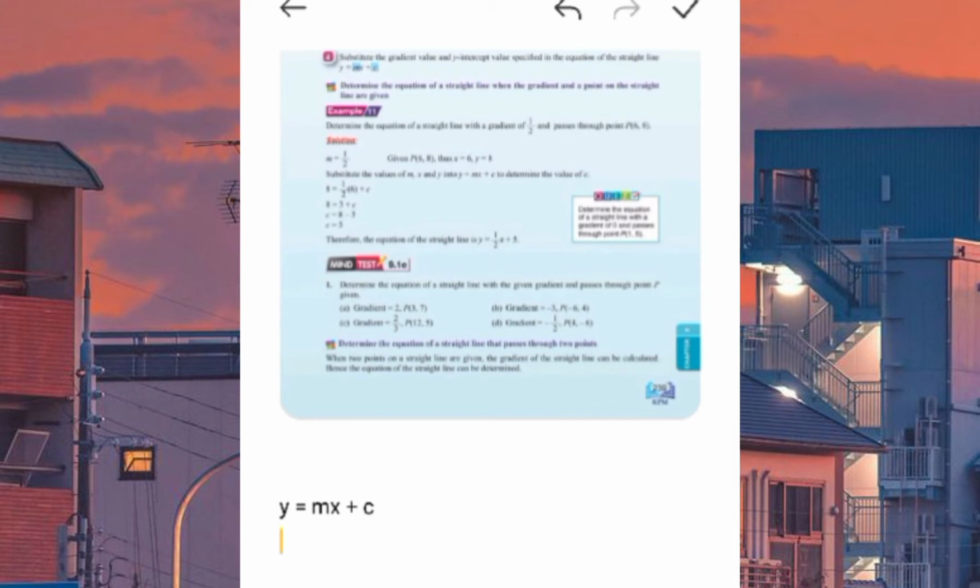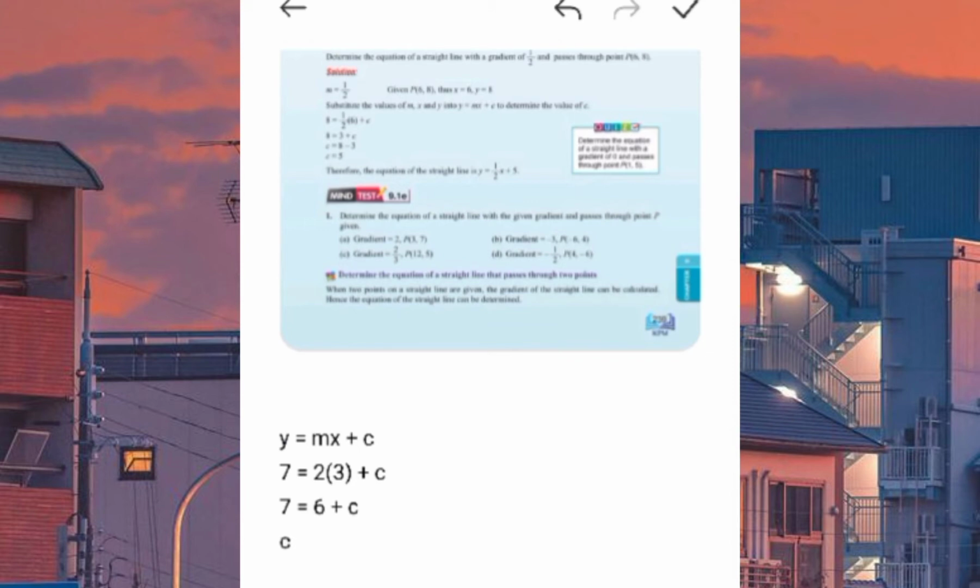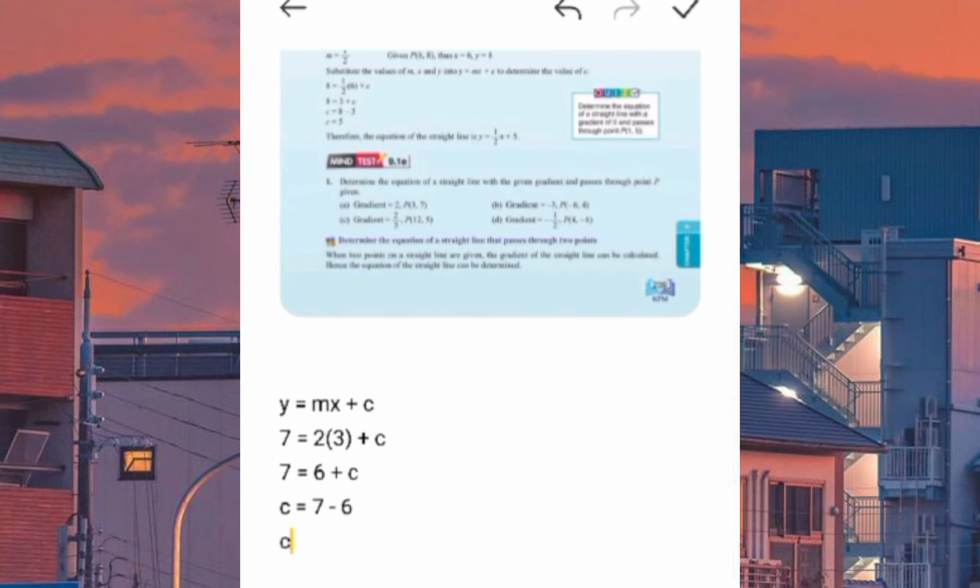So y is 7, m is 2, x is 3, then plus c. 7 = 2 times 3 is 6, plus c. Then c = 7 - 6. So c = 1.